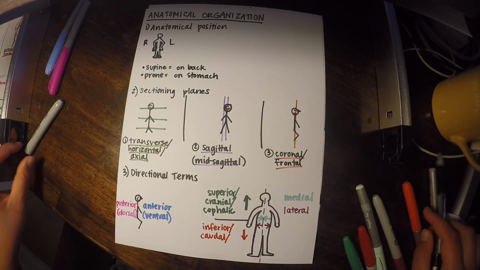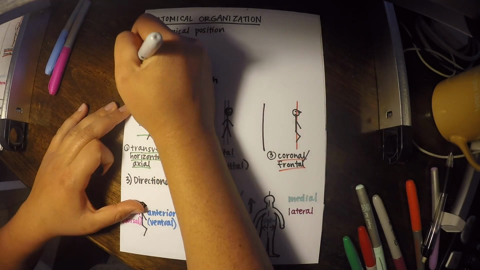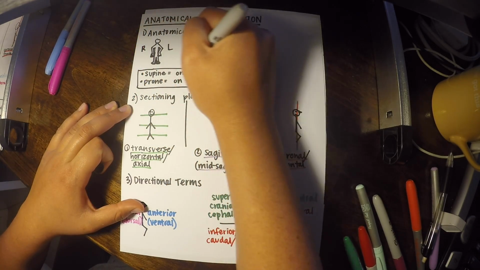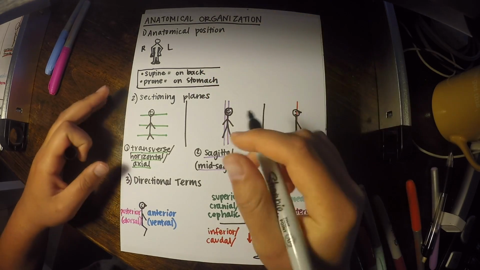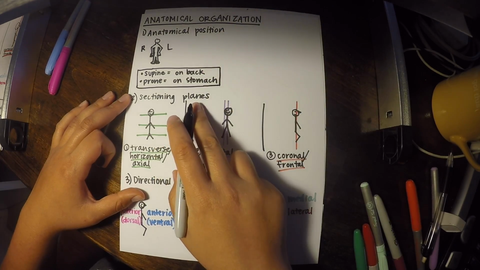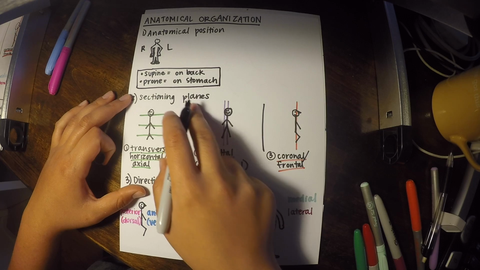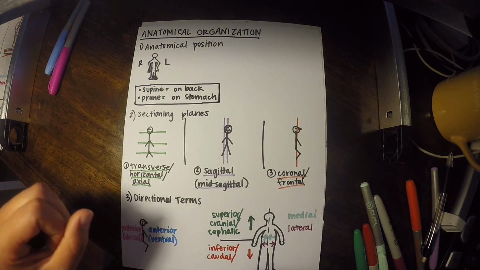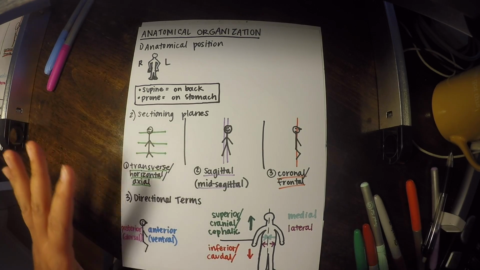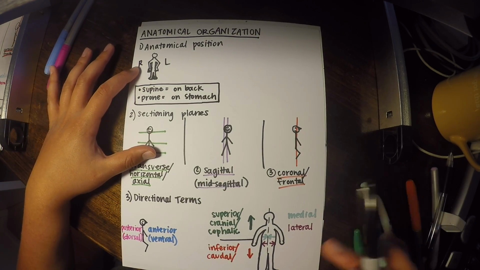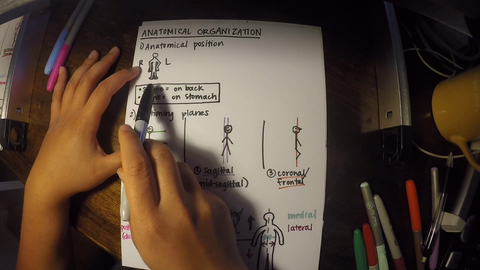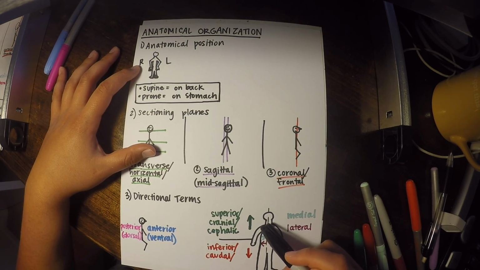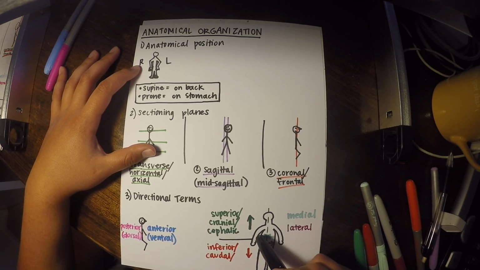So regardless of patient positioning, I'll separate this out a little bit. I'm going to put that in a little box to keep it separate. This is not anatomical position. This is how a person or a patient can be positioned. But we're always referencing anatomical position. So even if someone is lying down supine on their back, their shoulder is always superior to their elbow.